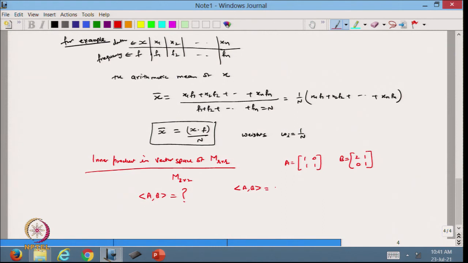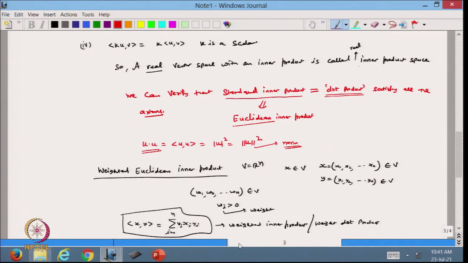The dot product, whatever we have defined, can also be written as U transpose U, because whenever we take U in the matrix form, U is a column.